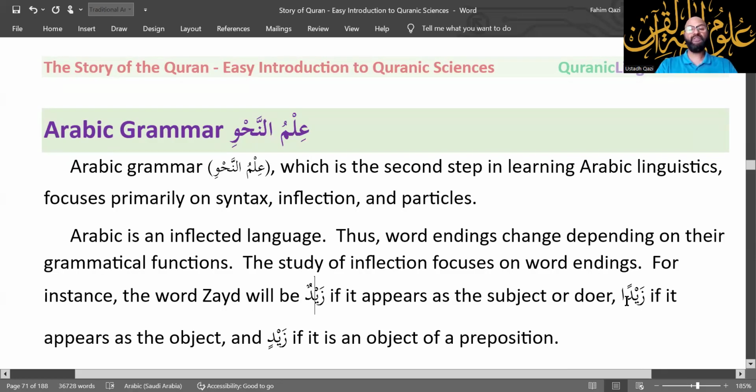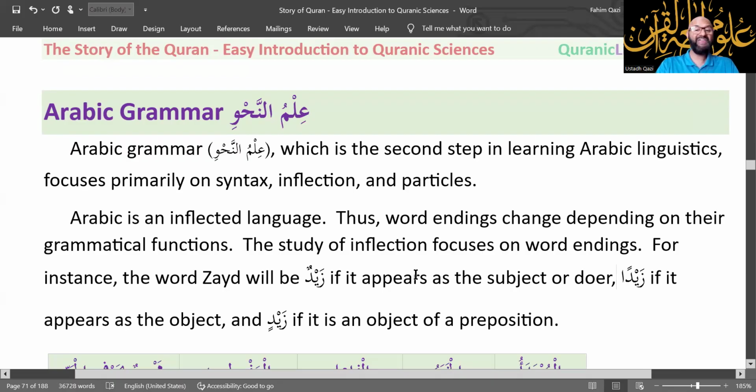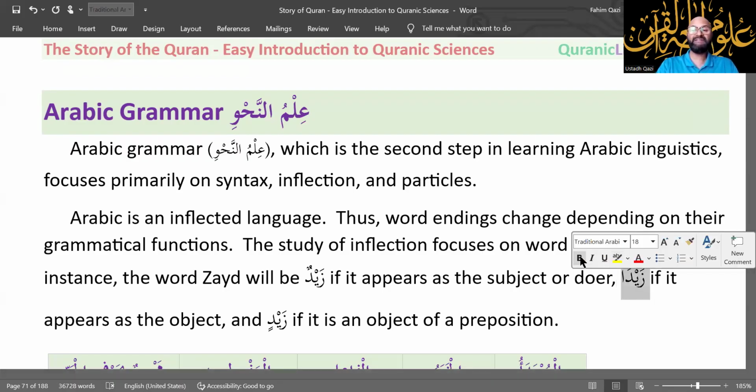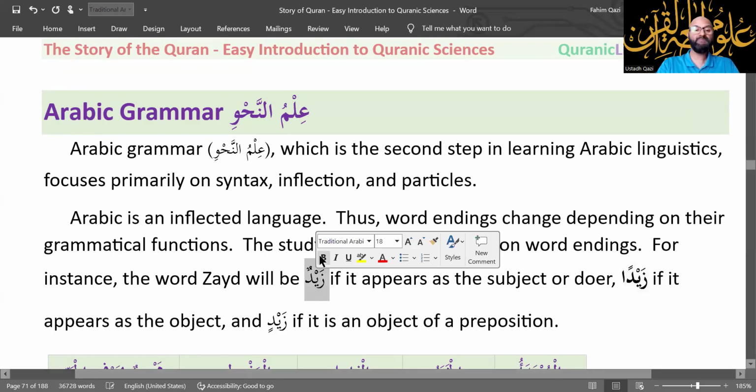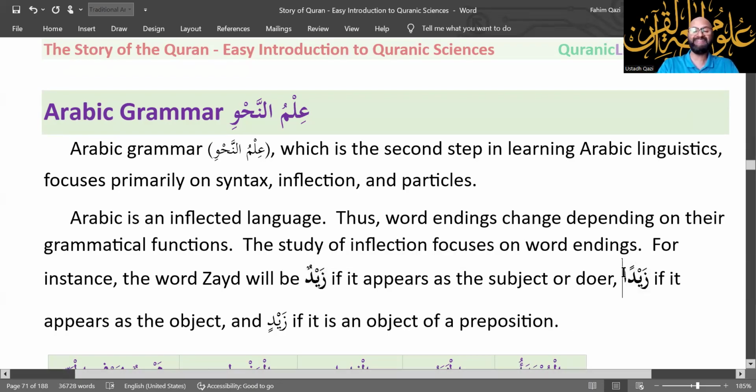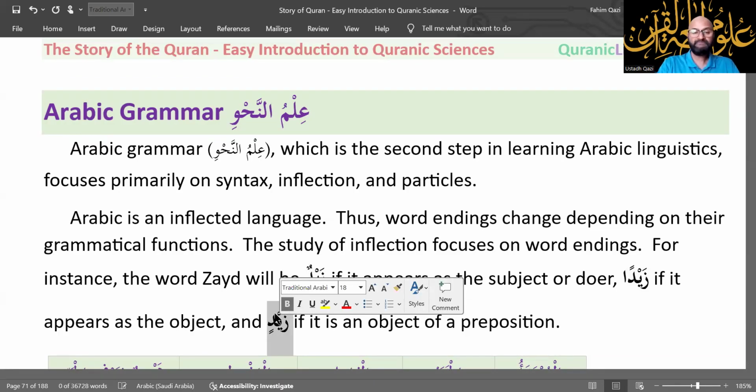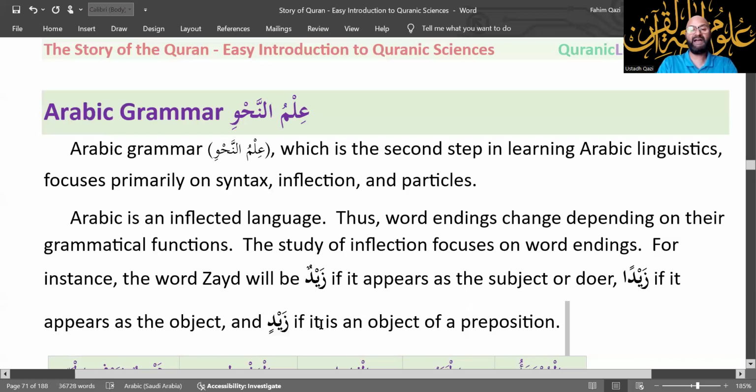However, if the word Zayd is not the subject, it's not the doer, it's the object, then it will look like Zaydan. Okay, let's make it bold so you can see the endings, Zaydan. However, if it's none of that, then it will be Zaydin, assuming it is preceded by an object of preposition or other things.